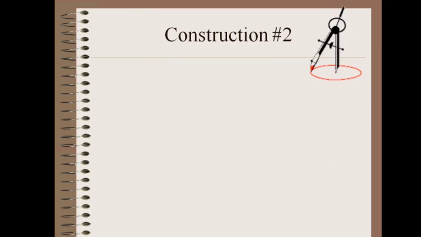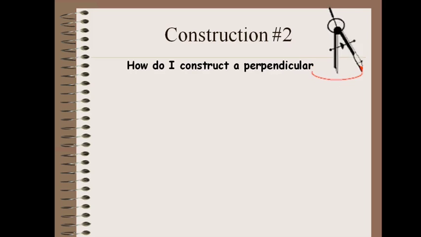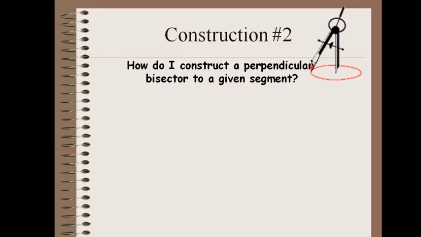Next, second construction, to construct perpendicular bisector to a given segment. So in previous construction we learned how to draw angle bisector. Now we're going to draw perpendicular bisector of AB. AB is given segment of any length as mentioned in your question.